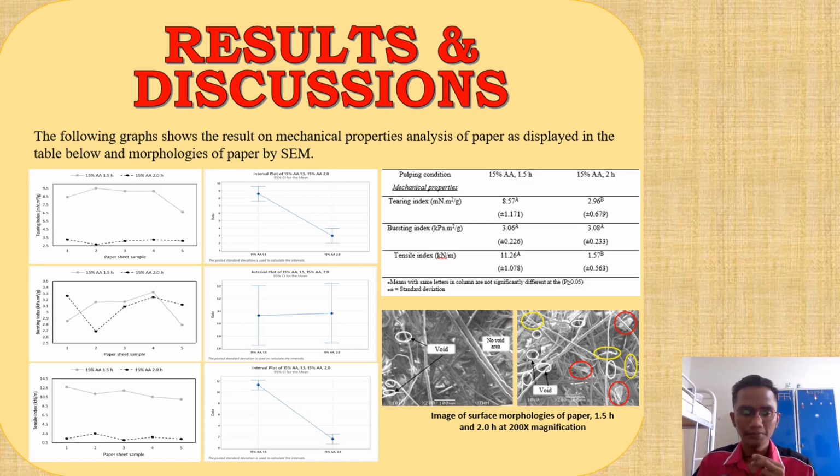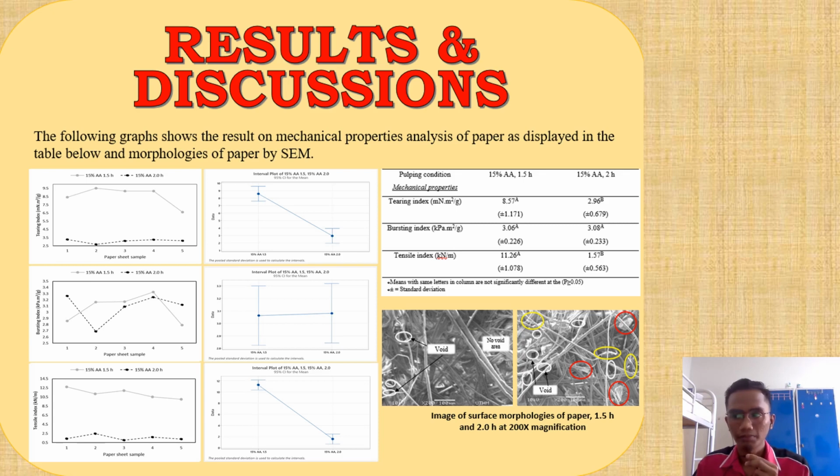The following graph shows the result of the mechanical properties analysis of paper as tabulated in the table below, and the morphologies of paper by SEM. For the first graph, ANOVA analysis shows that there was a significant difference between the 1.5 hour and 2 hours cooking time, where they were not in the same group of means.